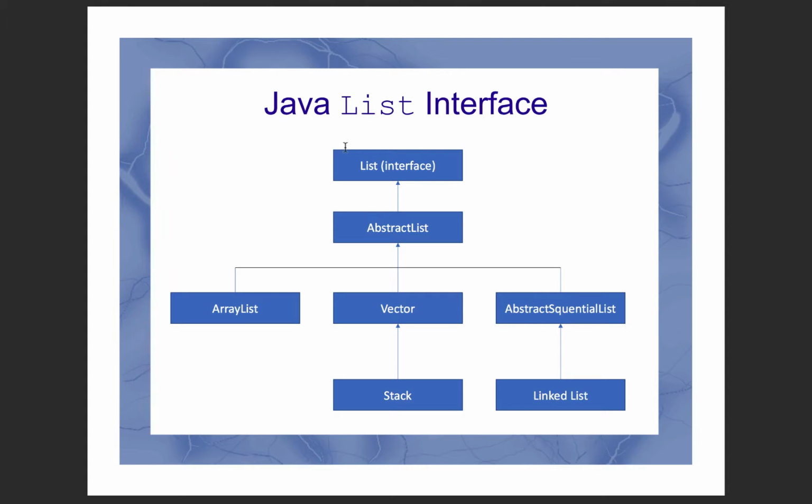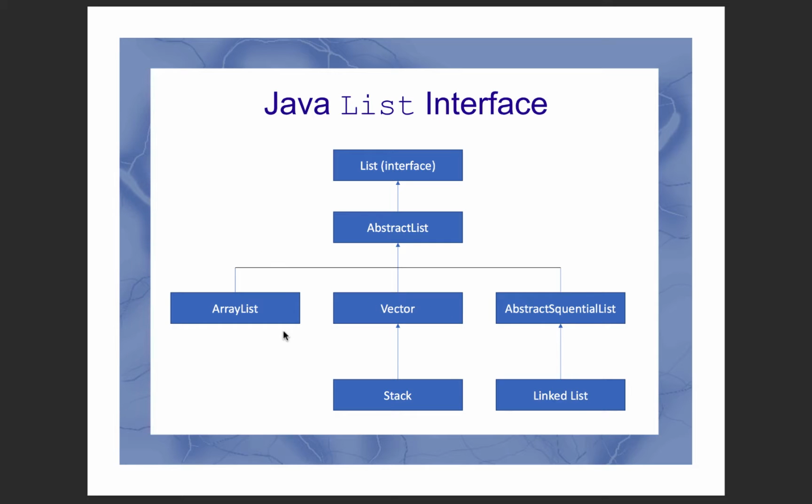So this is the list interface hierarchy. You have the list interface, and under this list interface you have another class called abstract list, and under this abstract list you have several classes: array list, vector, abstract sequential list, and under the vector you have stack, and under the abstract sequential list you have linked list.